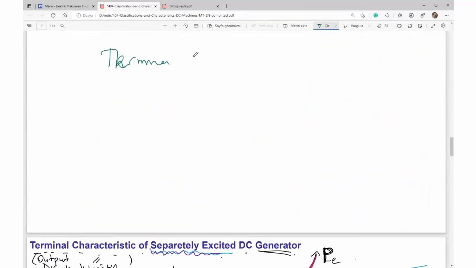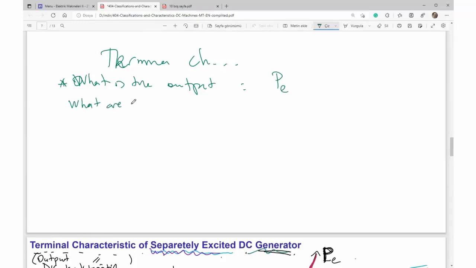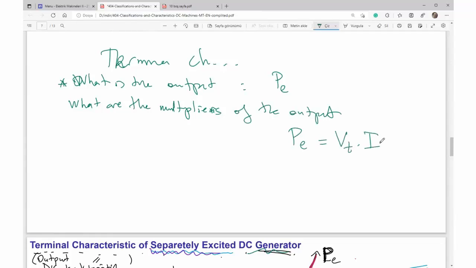Terminal characteristic, do not forget. Ask yourself, what is the output? The answer is, this is a generator, so electric power is the output. What are the multipliers of the output? Electric power is a product of terminal voltage times line current.